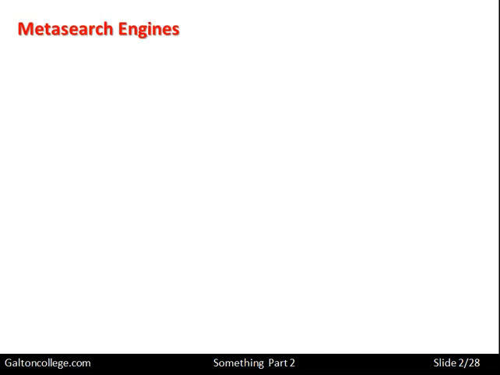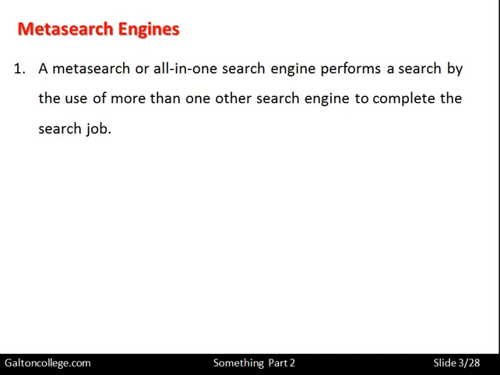So let's start by talking about what we call a Metasearch engine. Now, Metasearch are all-in-one search engines that perform a search by the use of more than one other search engine to complete the search job. In other words, a Metasearch engine uses other search engines, perhaps several of them, to conduct the search.